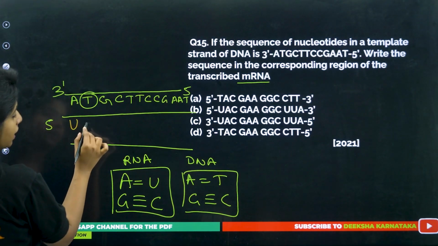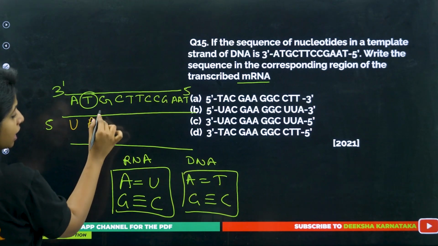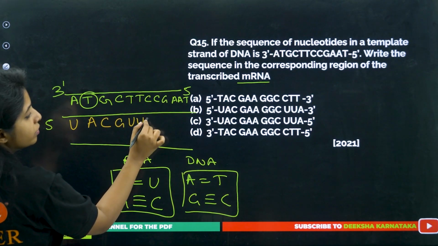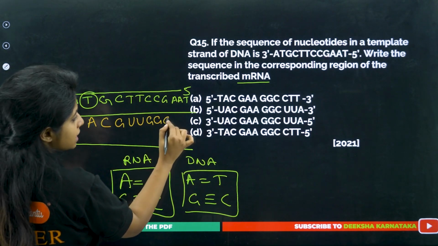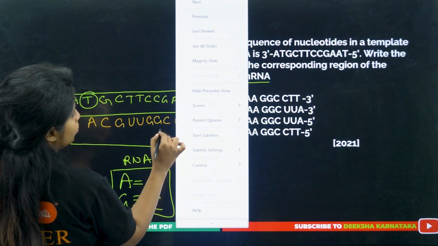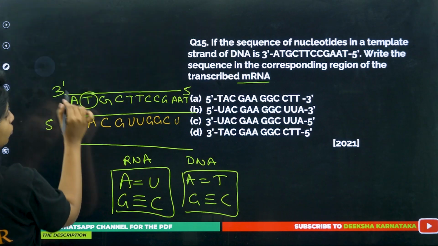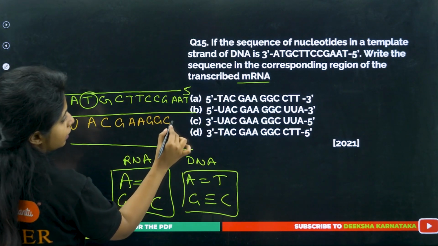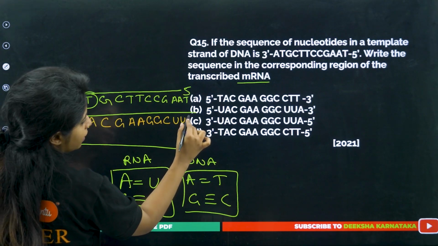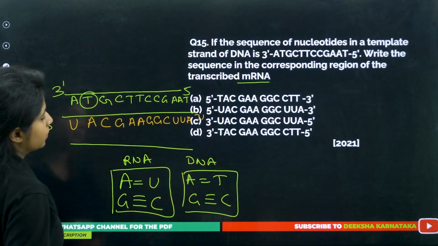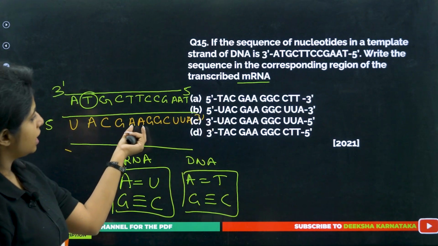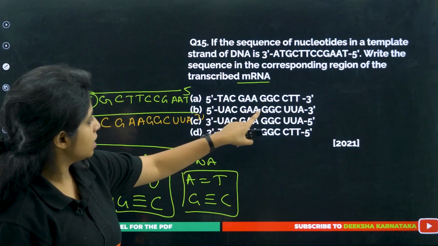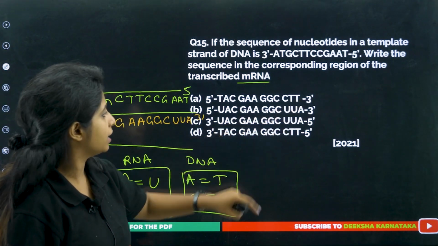U, and T will be binding with A, right, C, G, U, U, G, G, C, U. Sorry, here it is not U, here it will be A, here it will be U, and then again A, and this will be 3'. Match it: UAC, GAA, UAC, GAA, and then GGC, UUA. This is the answer.